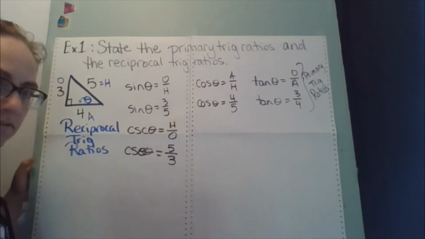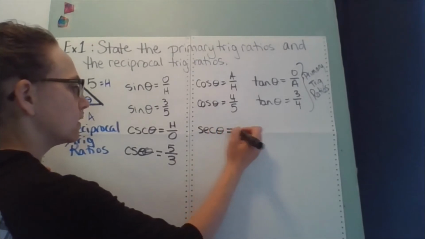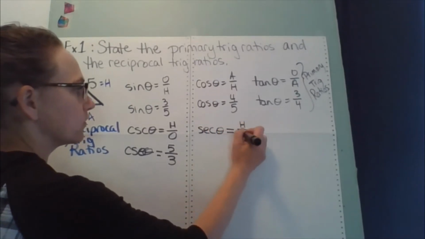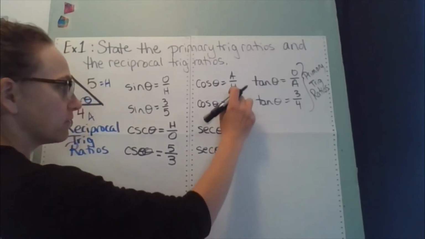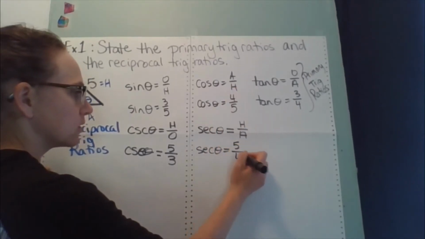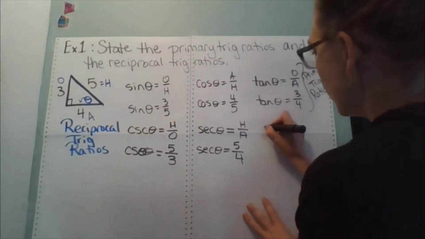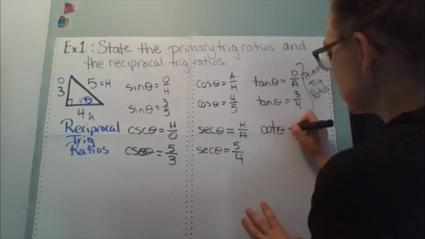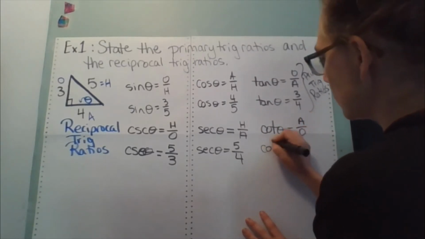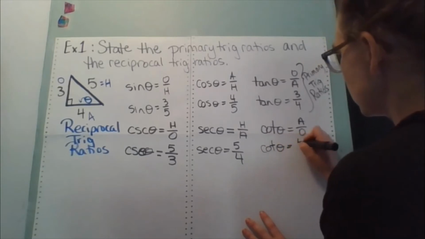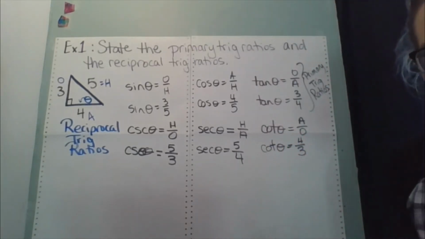So they're the inverse, they flip. Secant theta is going to be hypotenuse over adjacent. So that means it's going to become 5 over 4. Right? You're flipping. That's what reciprocal means. You just flip. And then cotangent is going to be adjacent over opposite. So cotangent is going to be 4 over 3. That's all you got to do when you write the ratios.